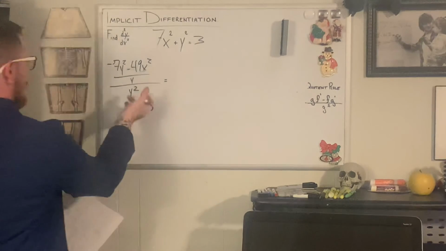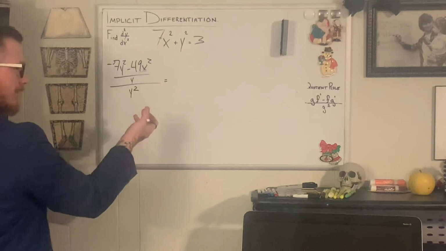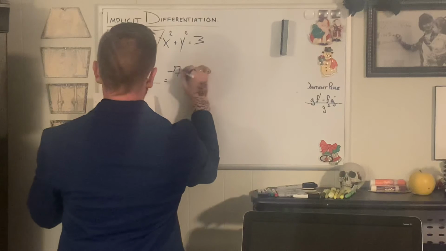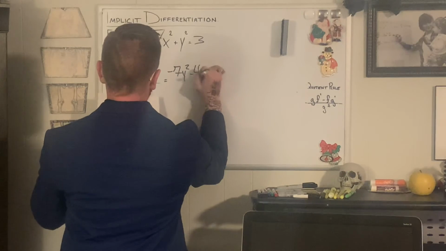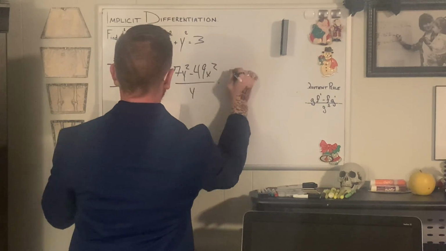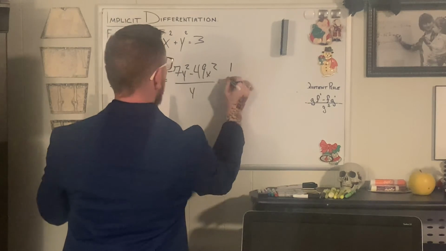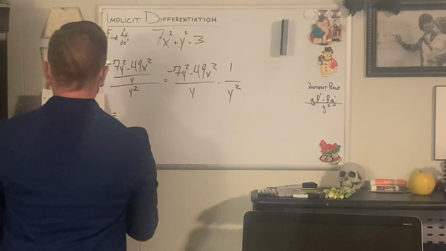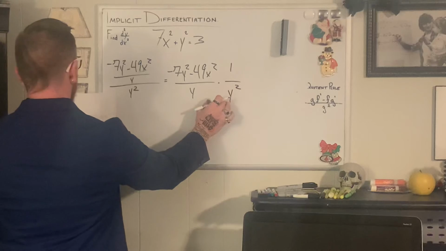So our expression we were left with was negative 7y squared minus 49x squared over y, all over y squared. When we divide through by a fraction, we're multiplying by the reciprocal of that fraction. So we could say this is minus 7y squared minus 49x squared over y times 1 over y squared. The denominator now becomes y cubed.